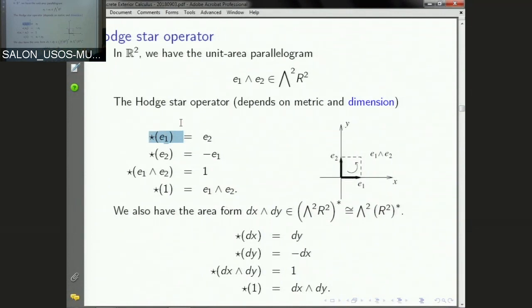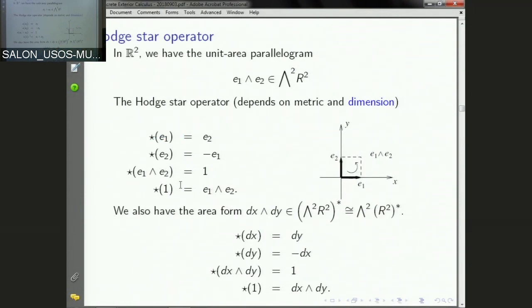Well, it has to be e2, as I put in this drawing. If I do it for e2, the vector that would complete the square, positively oriented, would have to be minus e1. You agree?